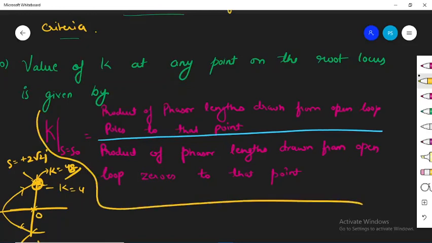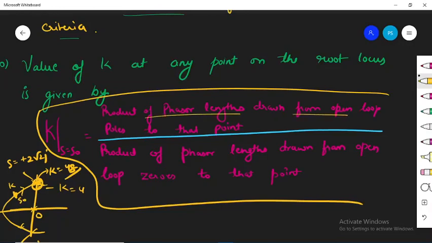If I want to find out the value of k at this point, suppose it is s naught, then we have to find out what the value of k is at s naught. So it is the product of the phasor lengths drawn from the open loop poles to that point, divided by the product of phasor lengths drawn from the open loop zeros to that point. So that will give you the value of k.